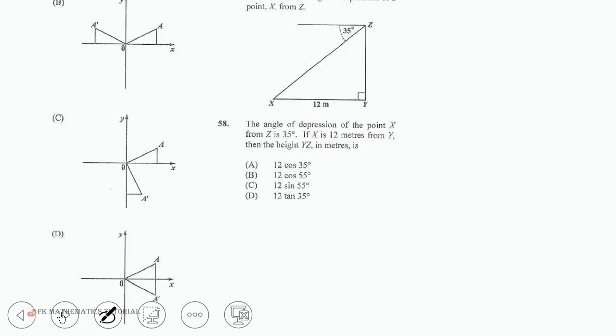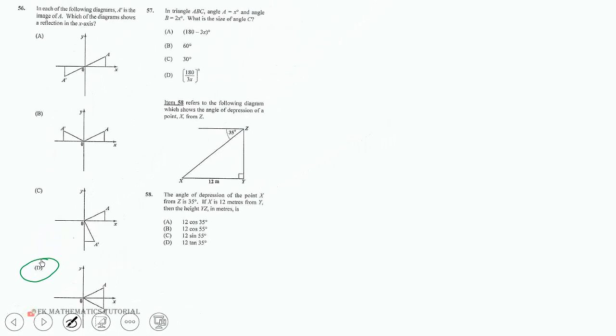If it is up and you reflect, it will show below. If it is down and you reflect in the x-axis, it will show above. So the correct answer is D, because A is in the first quadrant. If you reflect in the x-axis, it will show in the fourth quadrant, which is below the first quadrant.